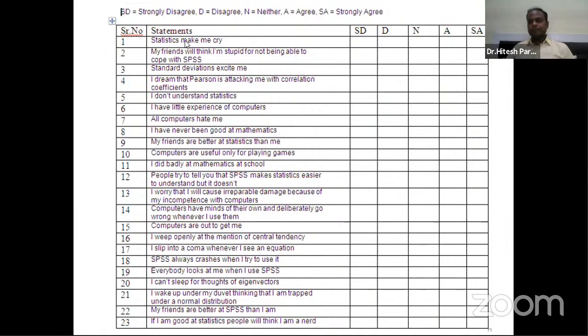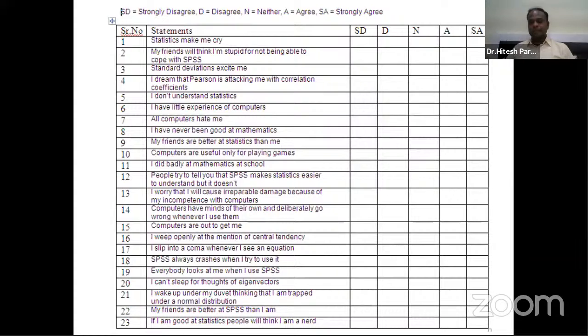So this data set contains 23 statements measured on a 5-point scale. These statements are related to statistics, some of them are related to maths, some of them are related to computers. At the end of this exercise, we don't know exactly how many factors or dimensions are present.